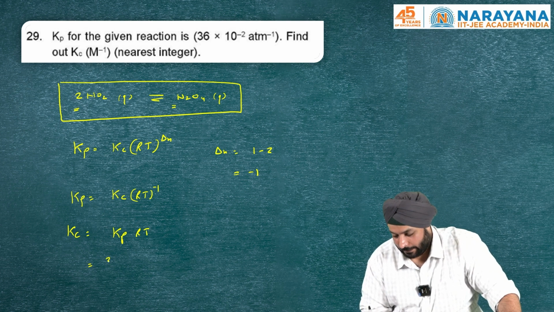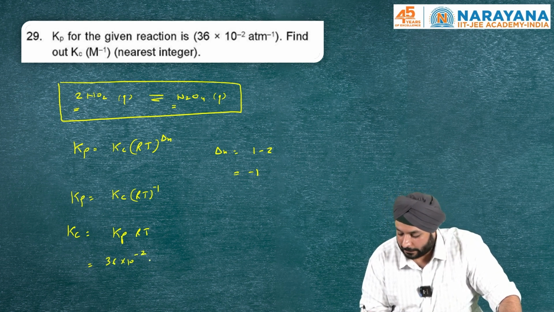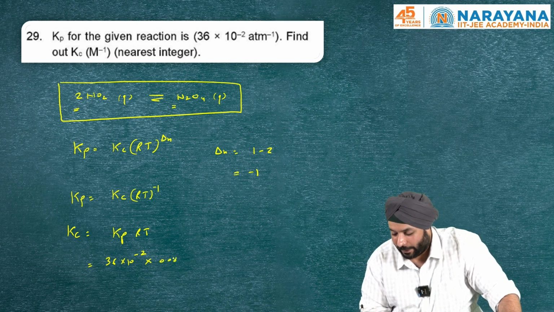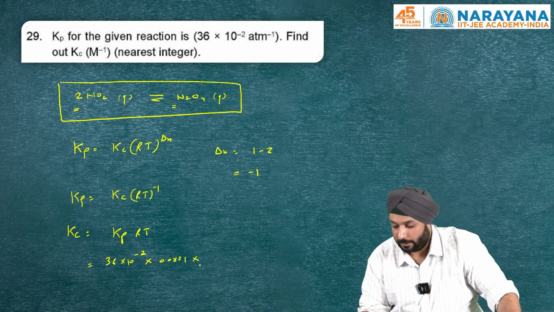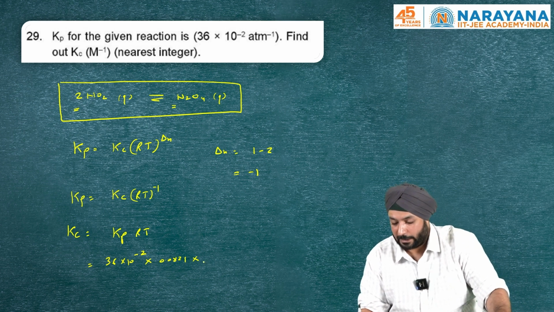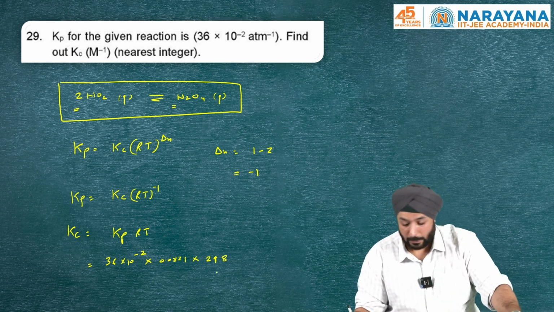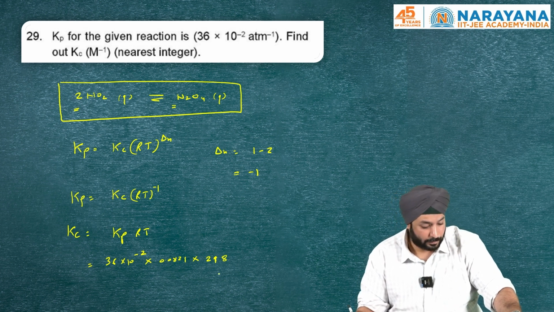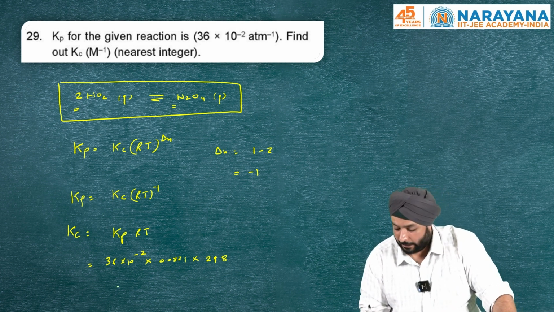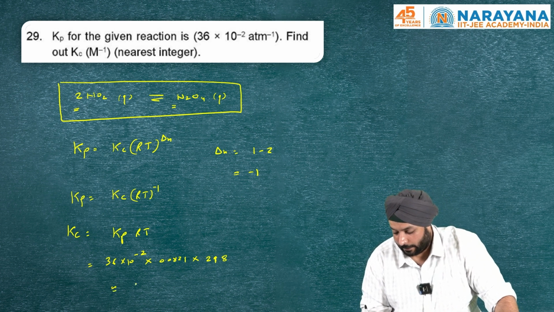Kp is 36 into 10 to the power minus 2 atm inverse, into 0.0821 into your temperature, which is 298 Kelvin. The temperature is not mentioned, so take standard temperature, 25 degrees Celsius, 298 Kelvin. The answer comes out to be approximately 9.